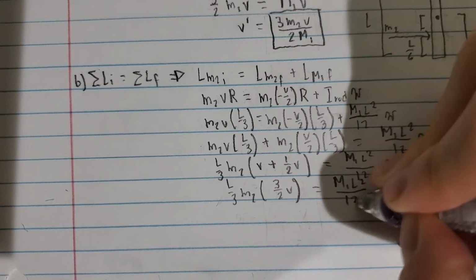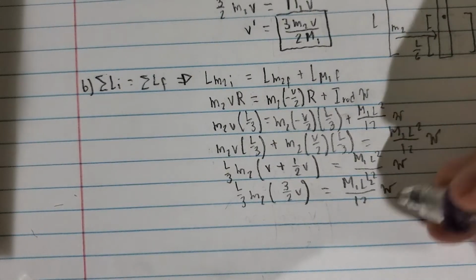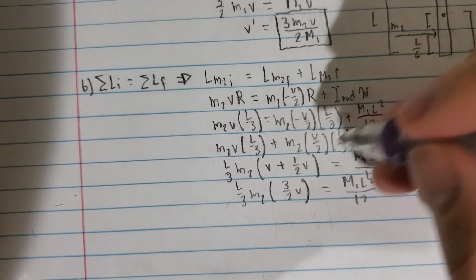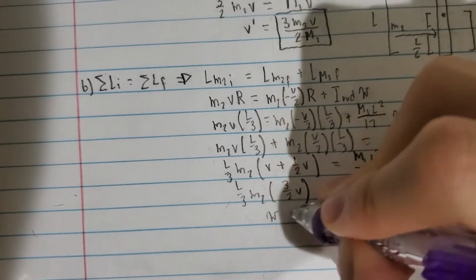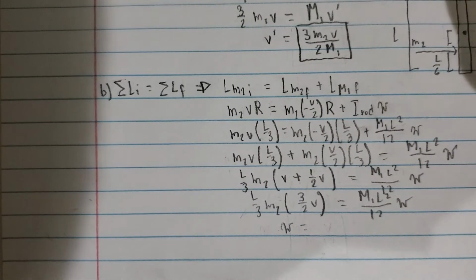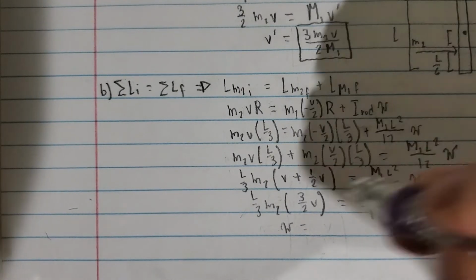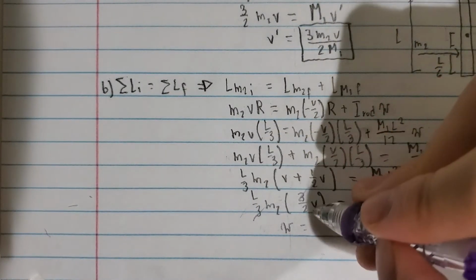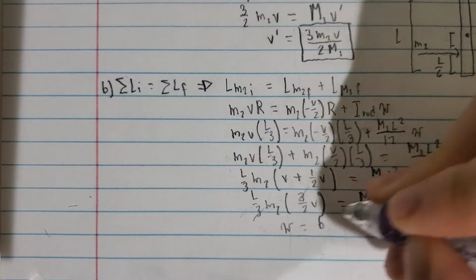Now I'm going to do what I said. I'm going to multiply 12 over and divide by M1 L squared, leaving omega. What's going to result is, first of all, these two cancel. If I multiply 12 over and divide by 2, I have 6 in my numerator.